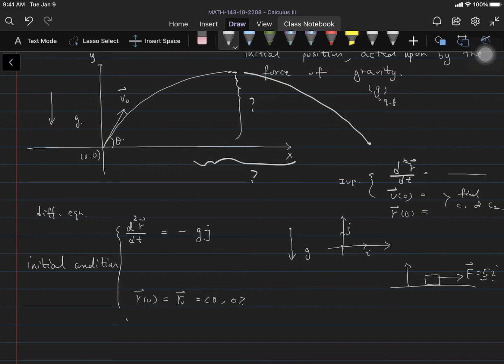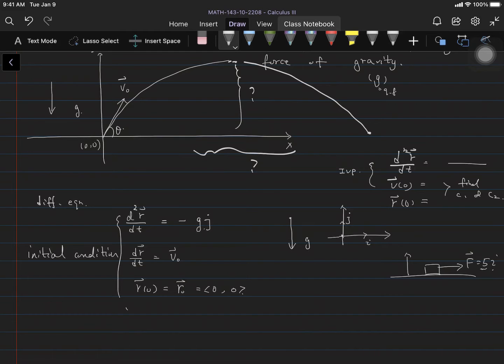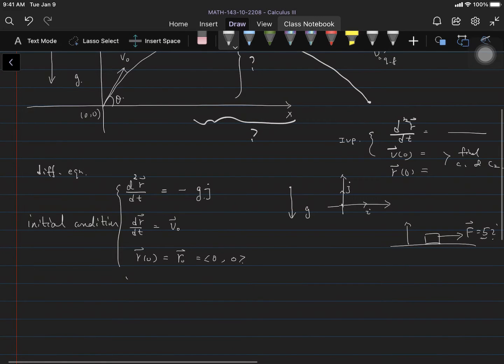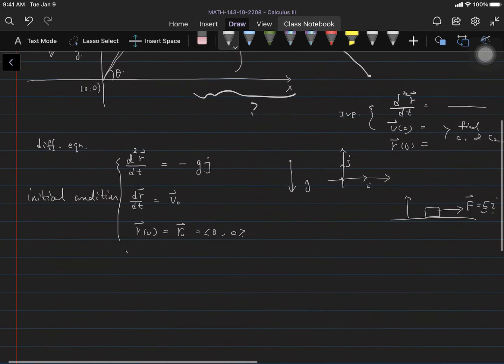And what is dR/dt? dR/dt is also the initial velocity. So the velocity, we say v naught. It's kind of like in the graph, it's a vector, okay? It's a vector. So this is the initial value problem. Now we are going to solve this initial value problem.